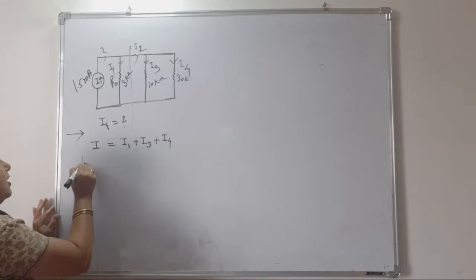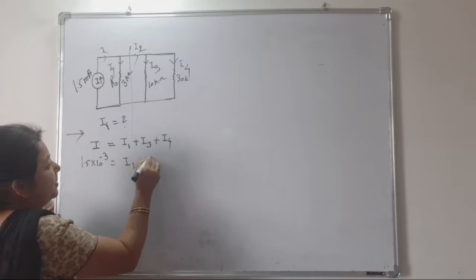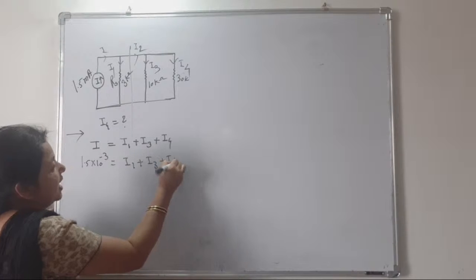So 1.5 into 10 raised to minus 3 is equal to I1 plus I3 plus I4.